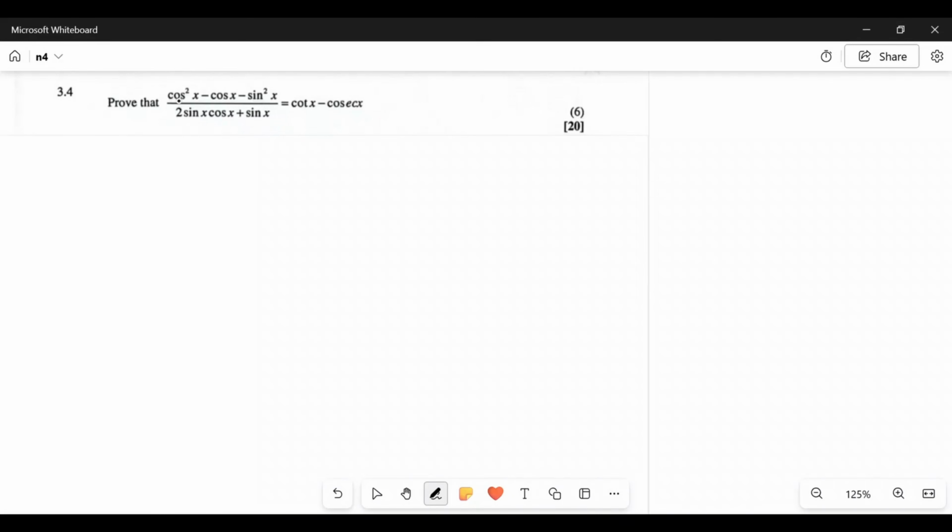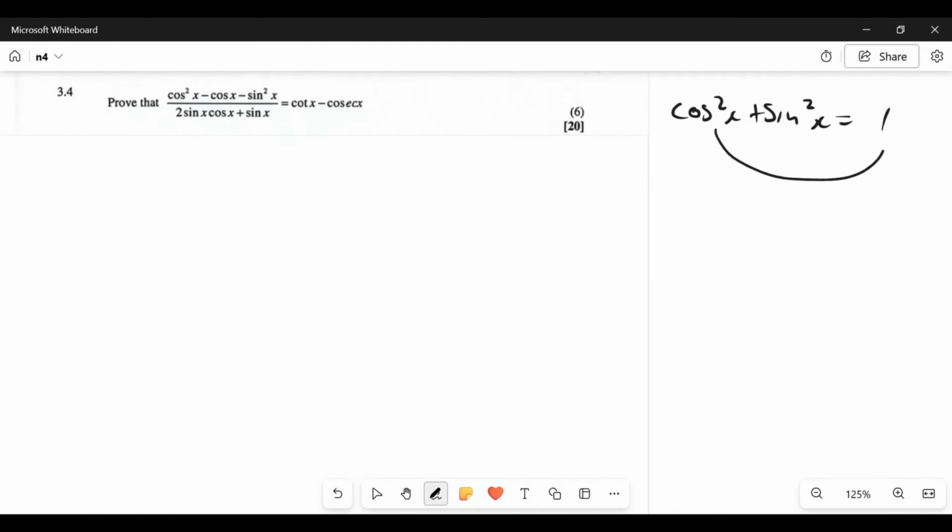Let's look at the numerator there. We have cos squared x minus cos x minus sine squared x. So this sine squared x, we can change it in terms of cos. How are we going to do that? Remember, from this square identity, we are able to make sine the subject of the formula.